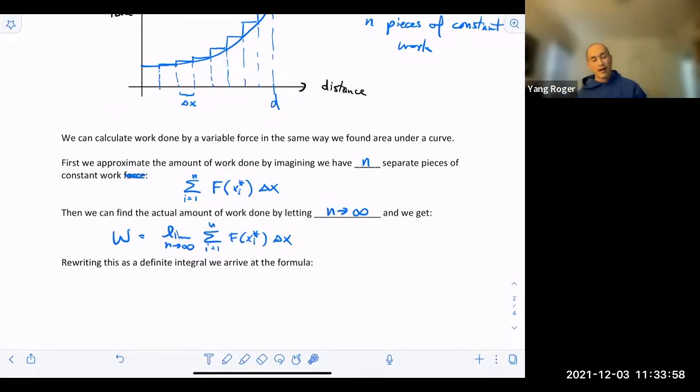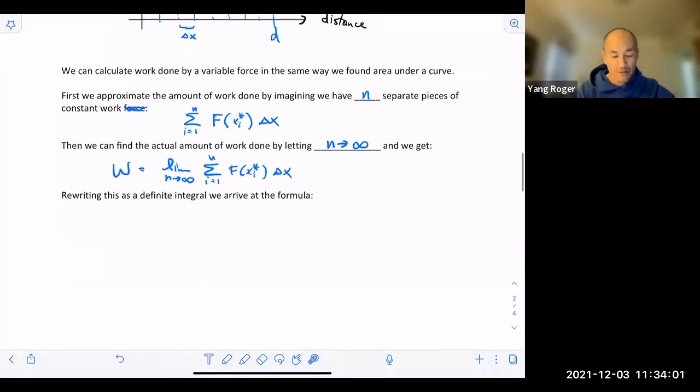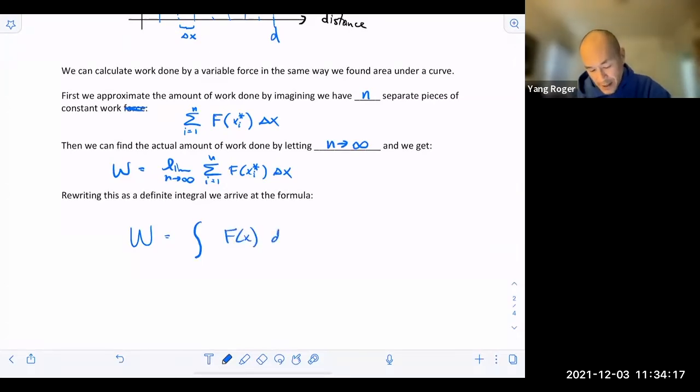Now we're going to think of this limit as an integral. Sigma is the Greek letter for s, so we put the integral sign here. We take f of x. Delta is the Greek letter for d, so we put a dx over here. And then we can go from whatever point to whatever point. And this is our work formula for a variable force.